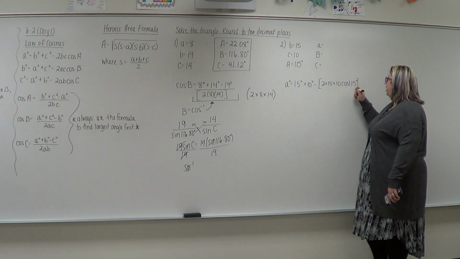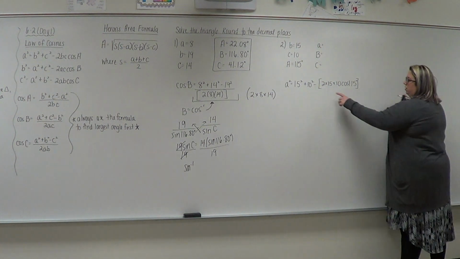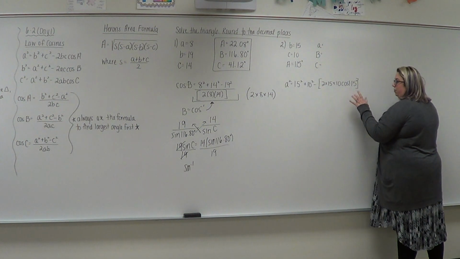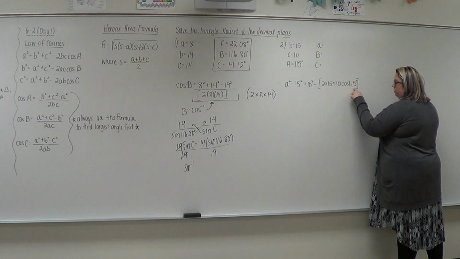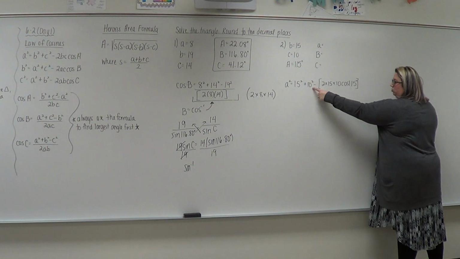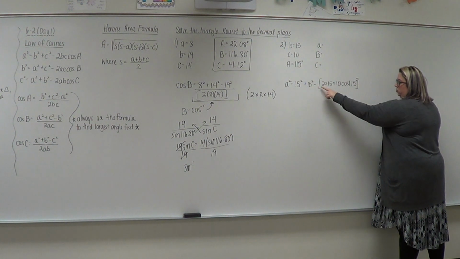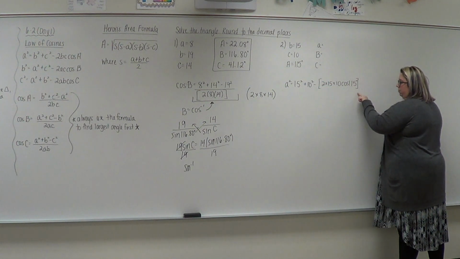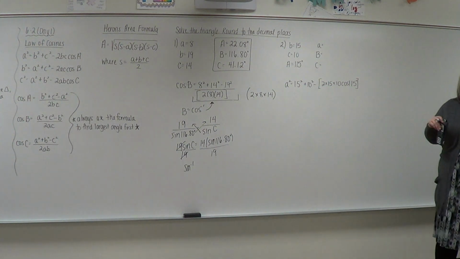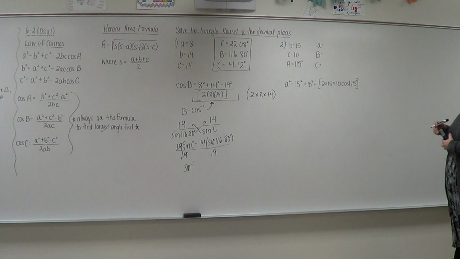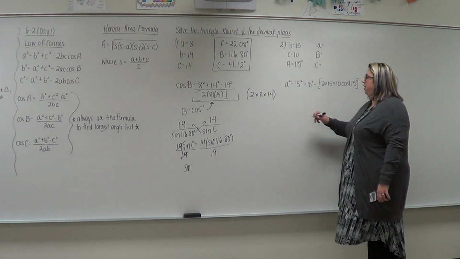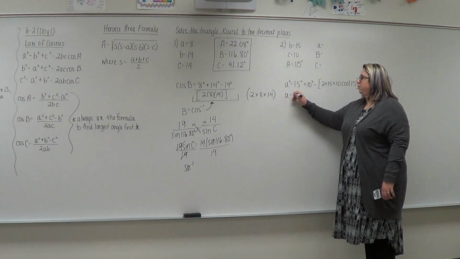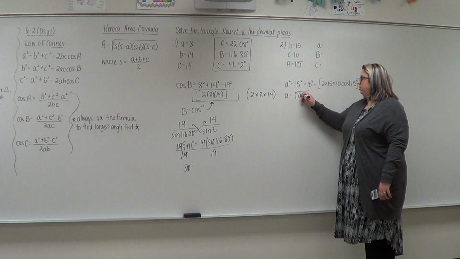There's a reason why I have it in brackets. Following order of operations, this all has to be solved. You can't subtract 2 and then start multiplying. So when you put this in your calculator, this needs to have parentheses around it. That will give you A squared. So how do you find A? Take the square root of whatever answer you get.